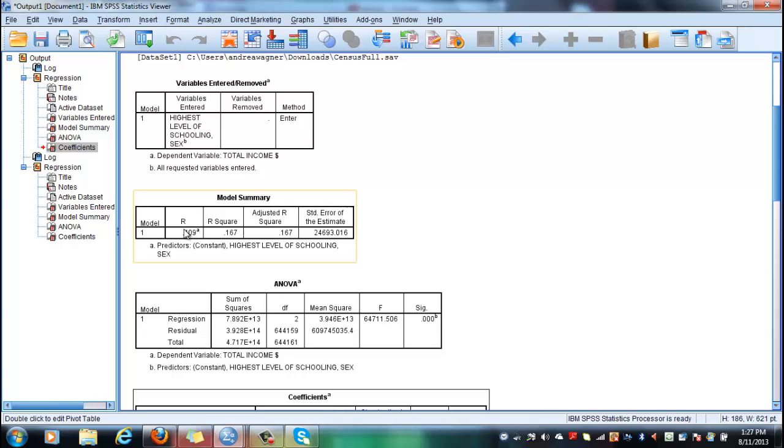And the R, the Pearson's R, is basically a very simple measure that only tells you that the relationship between your dependent variable and your independents, in this case, is strong. So when this is higher than 0.3, you say that the relationship is strong. When it's lower than 0.3 and higher than 0.1, it is moderate.